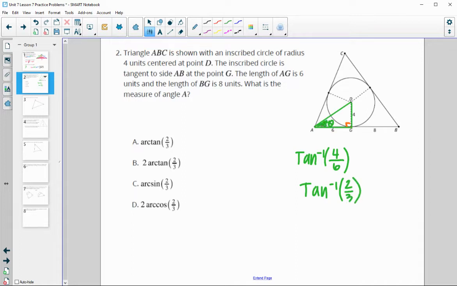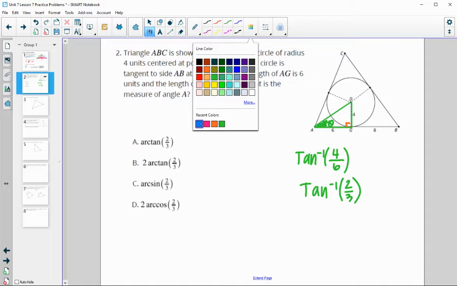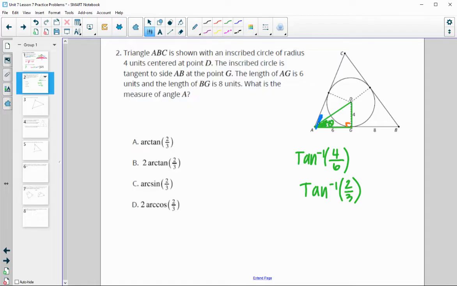So this is this little half of the angle, and the other half would be exactly the same amount. So we would have 2 of these to equal the full angle. Remember that tan inverse and arctan are the same thing. So B is our answer.